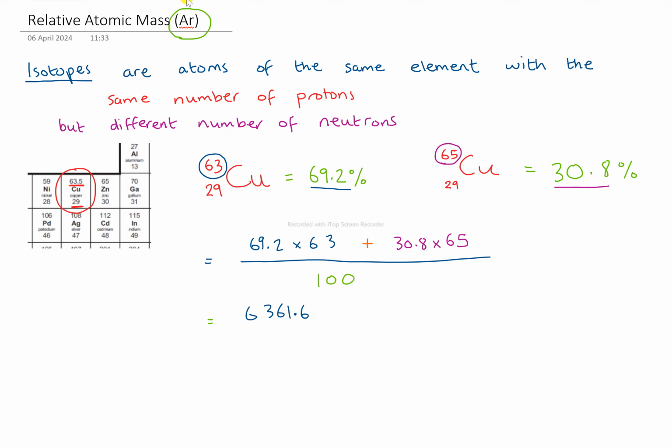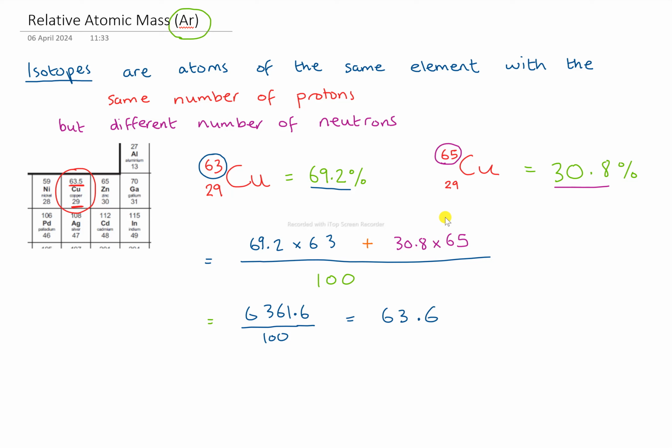And if you work that out, you will get 6361.6 for the top, the numerator there, and we simply divide it by 100, and if we round it off we get 63.6.